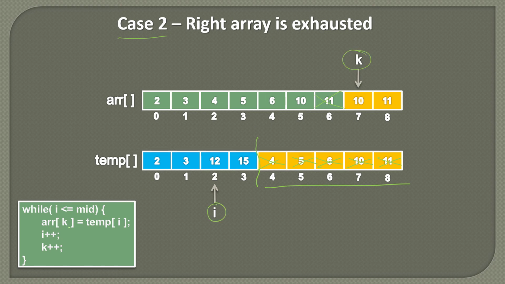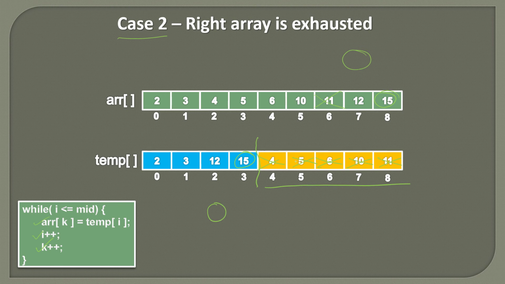So here you can see in the original array at kth index we are assigning temp of I. So this is the temp and this is the I. So 12 will go to array of k like this, and then we increment both I and k. So k will go here and I will go here, and this while loop will continue, and we'll simply put 15 at this position by this assignment. So after that this while loop will terminate.